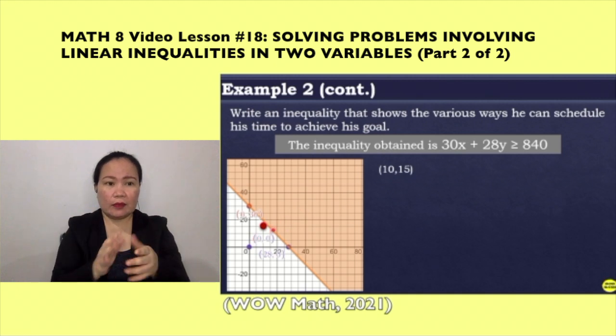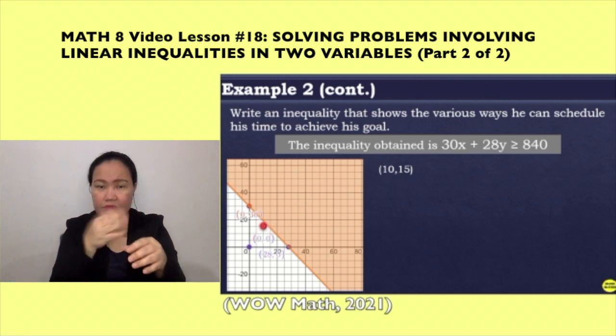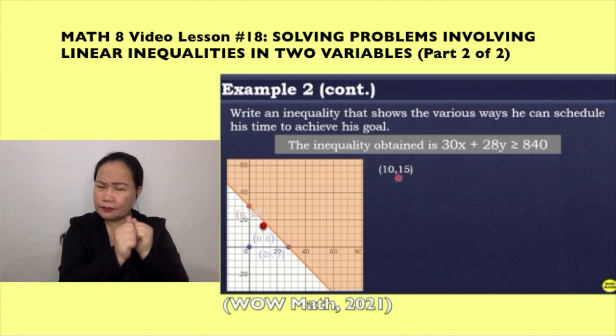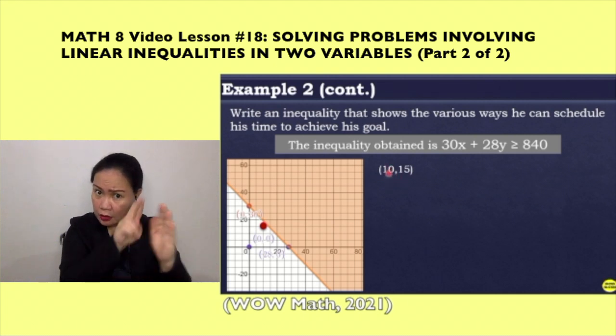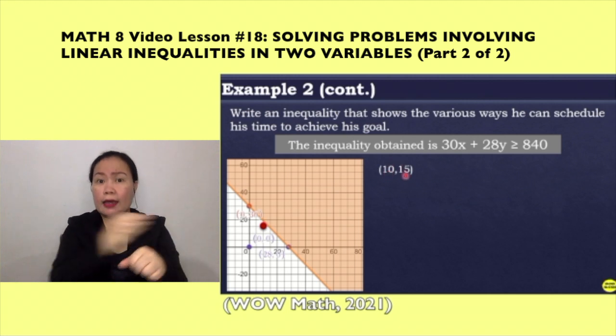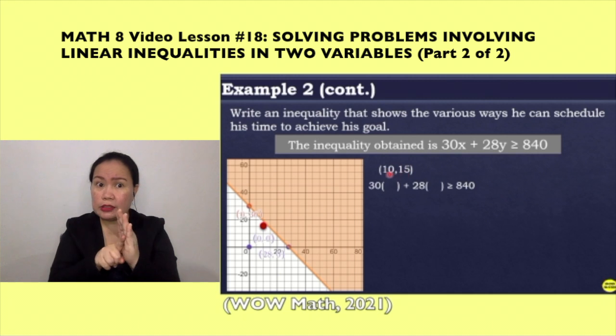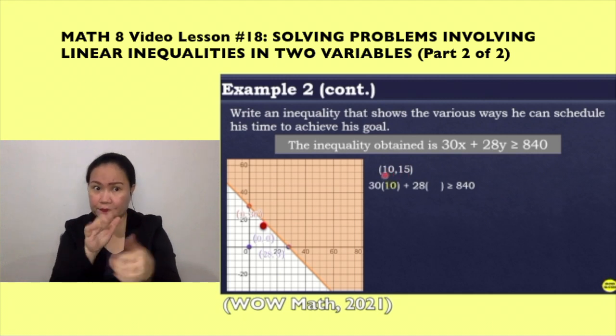So, dapat, since wala siya dun sa shaded region, let's see, dapat mag-result siya sa false. Ano ba ibig sabihin nitong ordered pair na kinuha natin? Ibig sabihin, pwede kaya siyang magtrabaho ng 10 hours doon sa kanyang first job at 15 hours sa kanyang second job? So, let's see. So, substitute natin yung 10 and 15.